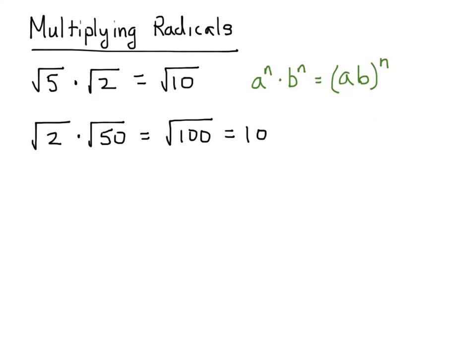Now, if we did it the other way around, and I'll do this one on the board as well, if we have the square root of 2 times the square root of 50, the square root of 50 factors into 2 times 5 squared, right? That's 25 times 2 is 50.